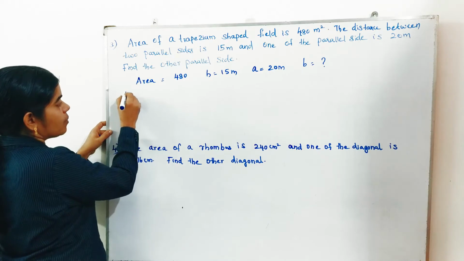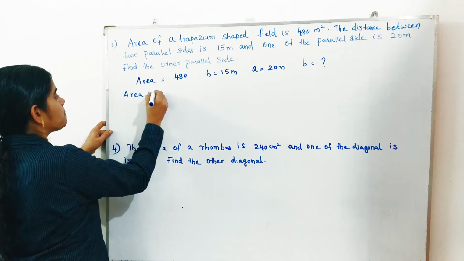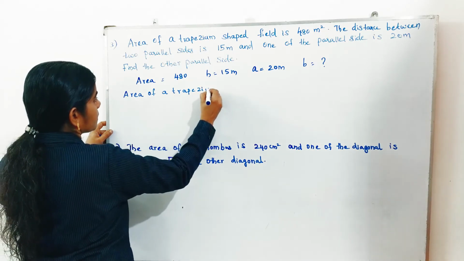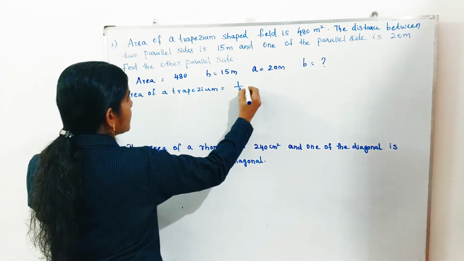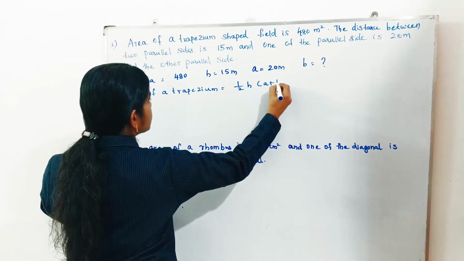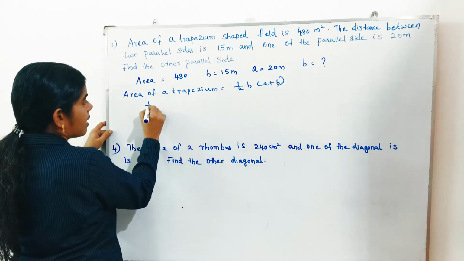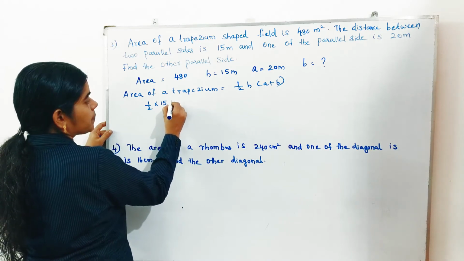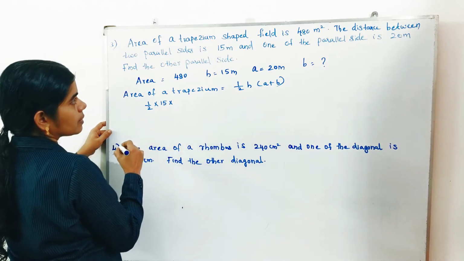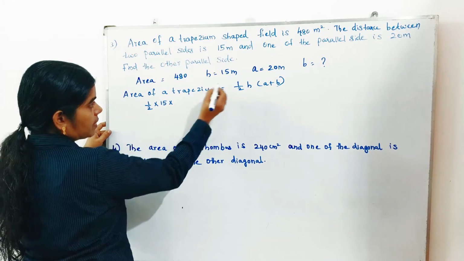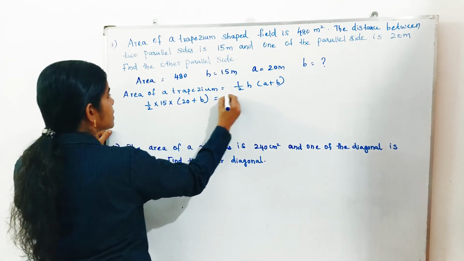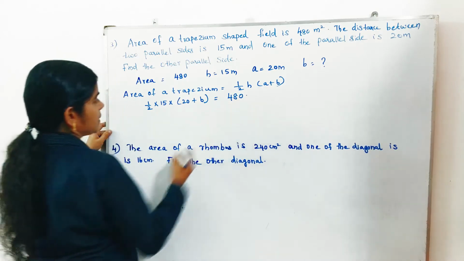Then the area of a trapezium is half H into A plus B. So half into 15 into A plus B, where A is equal to 20 and B you don't know, is equal to 480.